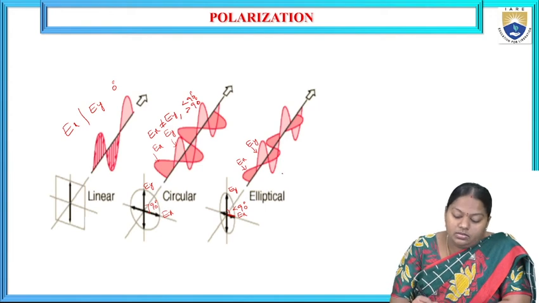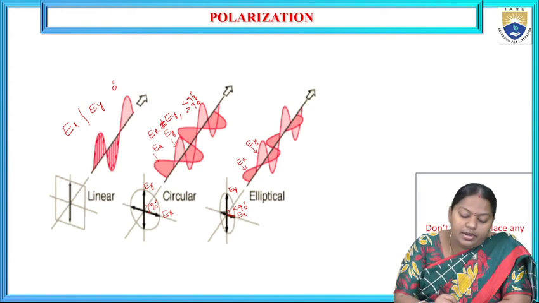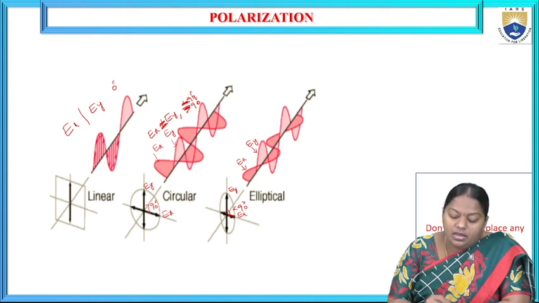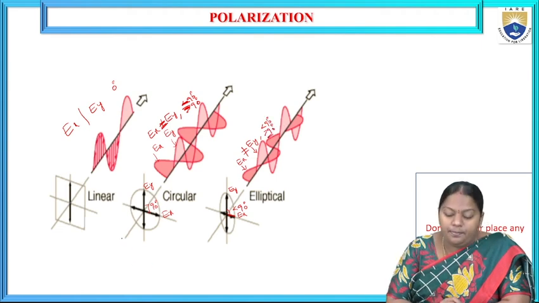For circular, both magnitudes are the same, Ex is equal to Ey, and the angle is exactly equal to 90 degrees, then the polarization is said to be circular polarization. If you observe elliptical polarization, Ex and Ey are not the same and the angle is less than or greater than 90, then the wave is said to be elliptically polarized.